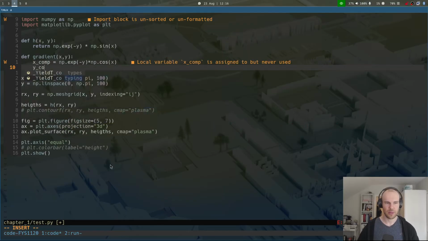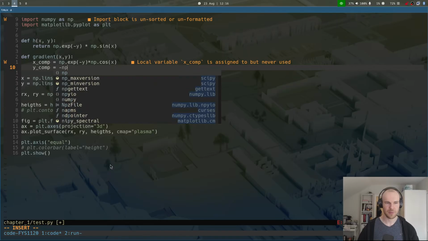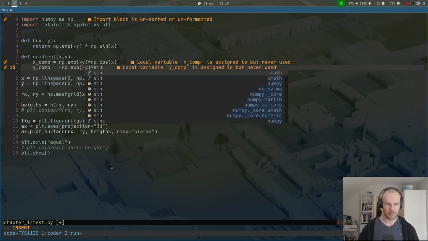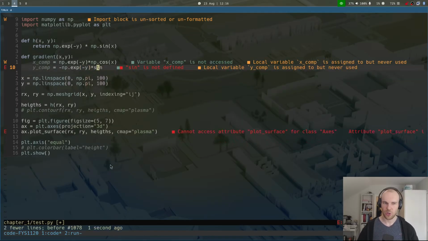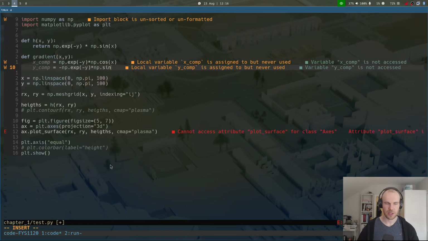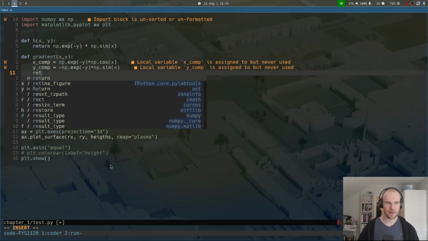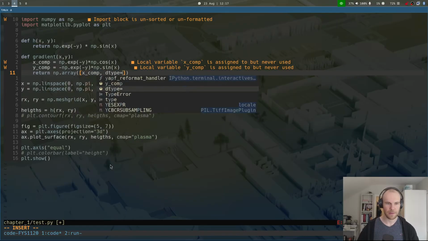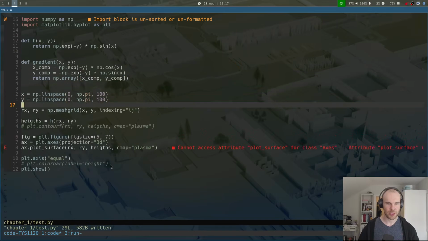The y component is minus np.exp of minus y and np.sin of x, right? And then return should be an array of the x component and then the y component, just like that.